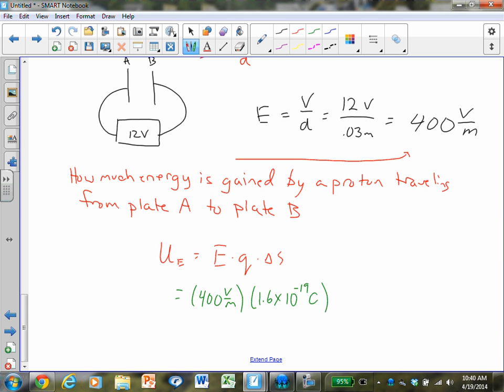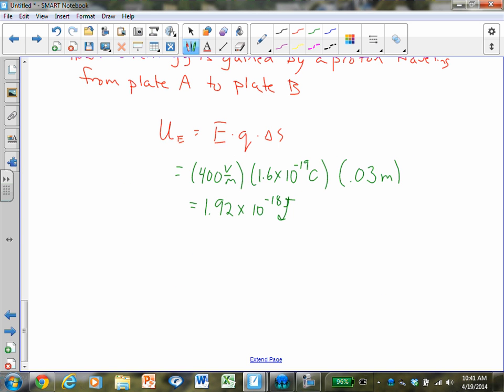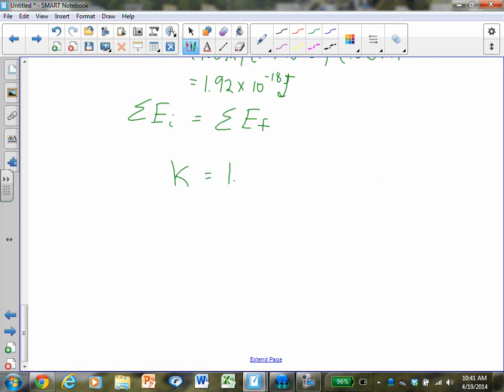And that separation distance of 0.03 meters would give us the amount of potential energy available: 1.92 times 10 to the minus 18 joules. And so if our energy initially equals our energy finally, that's going to become our kinetic energy, 1.92 times 10 to the minus 18 joules when it gets there.